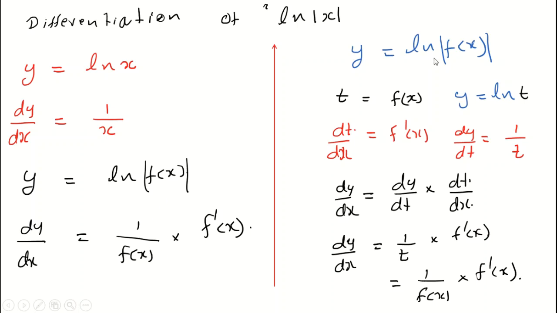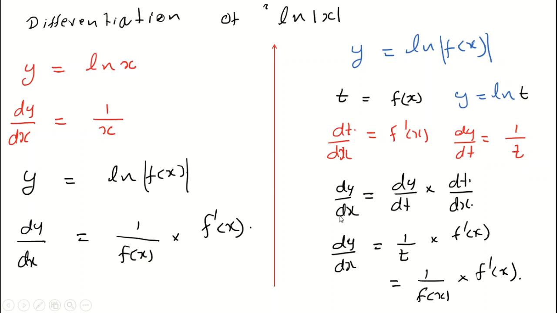So y equals ln f(x). Let t be f(x). So t is equal to f(x). Then y is equal to ln t. dt over dx is equal to f dash x. dy over dt is equal to 1 over t.